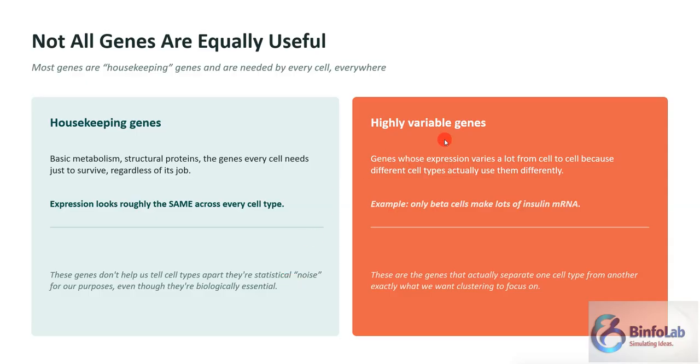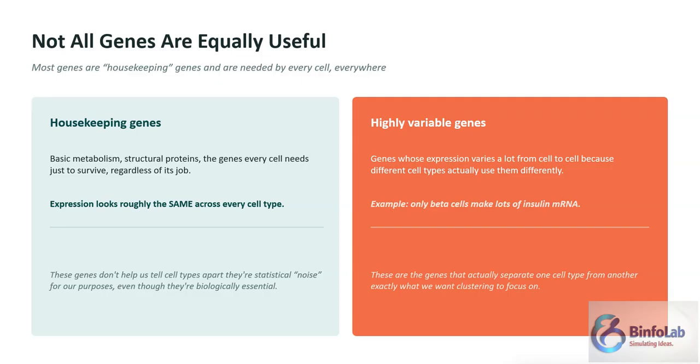On the other hand, we have some genes which are variable in expression: genes whose expression varies a lot from cell to cell because different cell types use them differently. For example, only beta cells make lots of insulin messenger RNA, not the other cells.